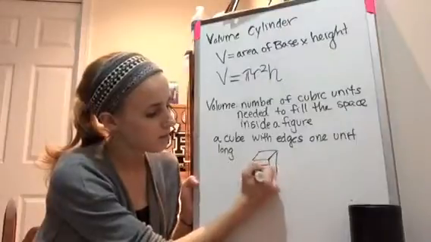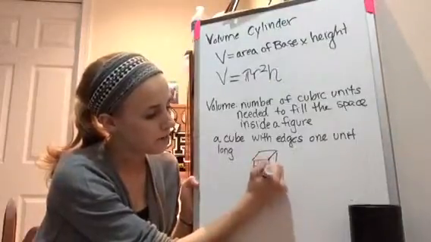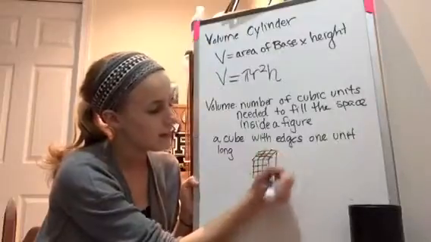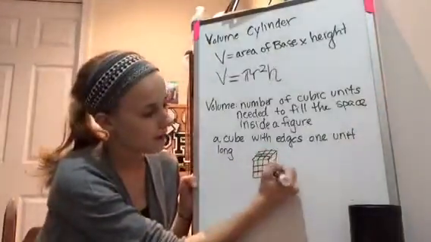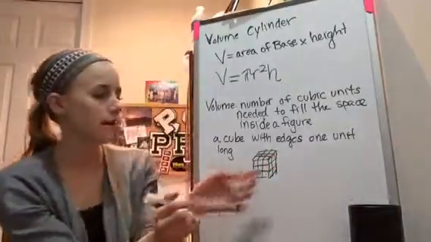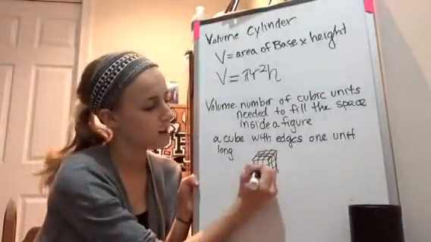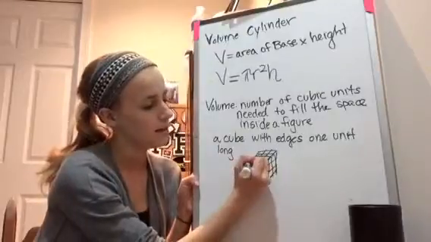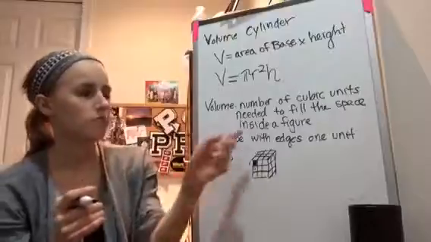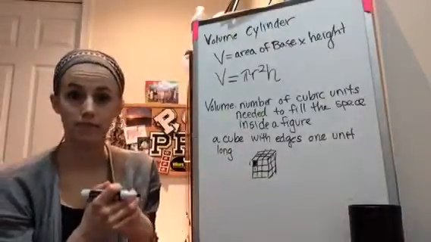It is a 3 by 3 figure. So what they're saying here is that a cube unit is the one where it's a 1 by 1, okay? It's 1 in its height and it's 1 in its width. So that's what a cubic unit would be like.